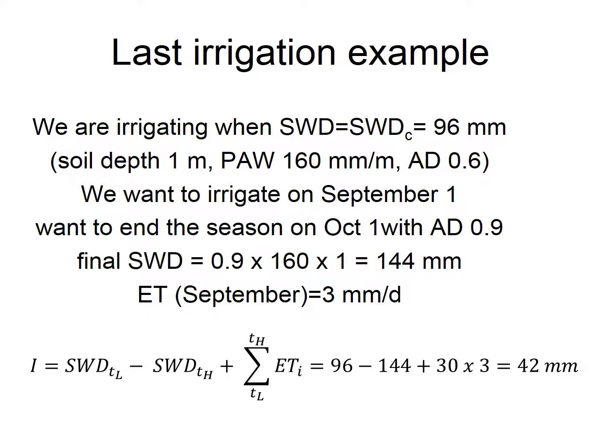In other words, on September the 1st, instead of applying 96 millimeters and bring the soil back to field capacity, we would apply only 42 millimeters, which would lead to a very dry soil at the end of the growing season.